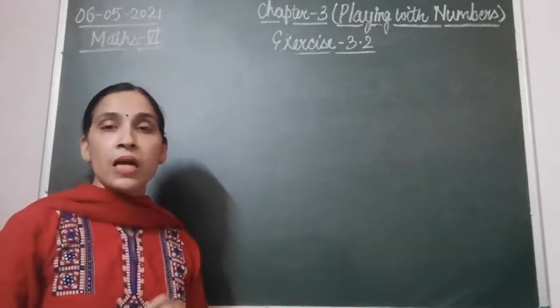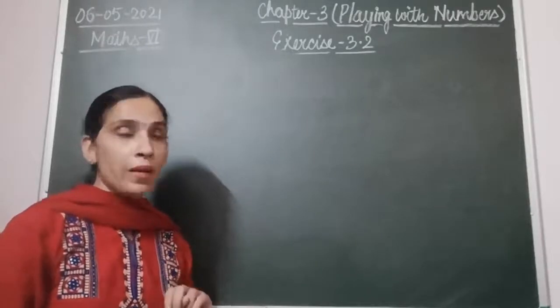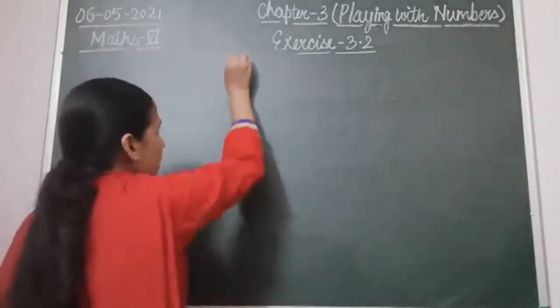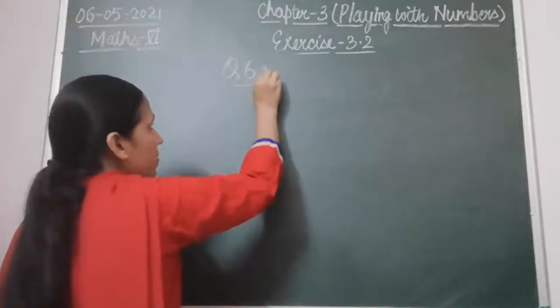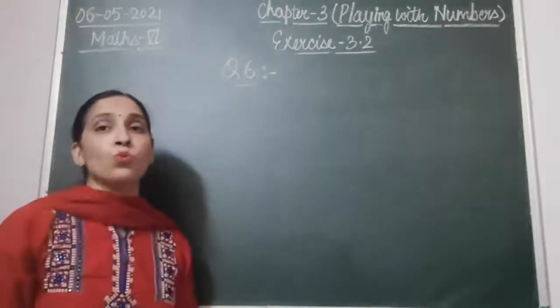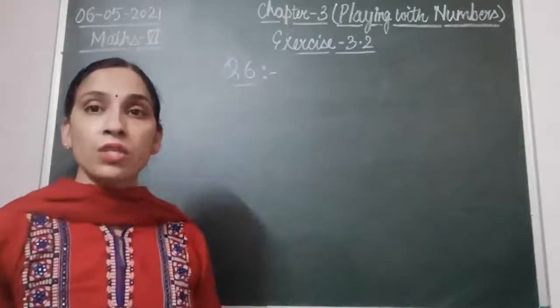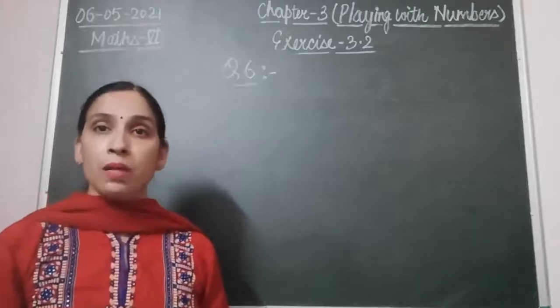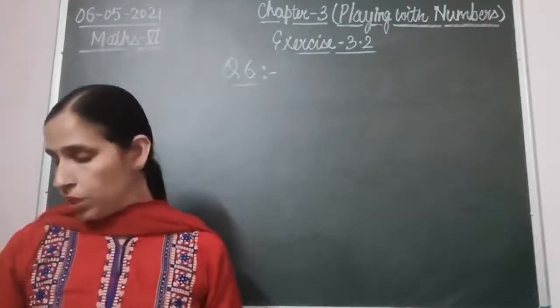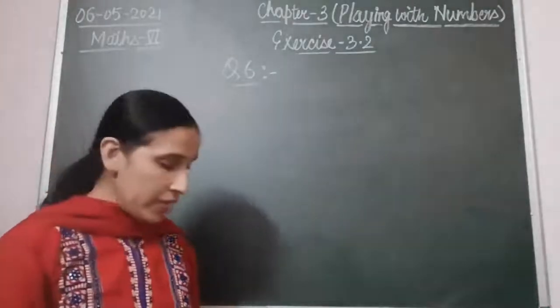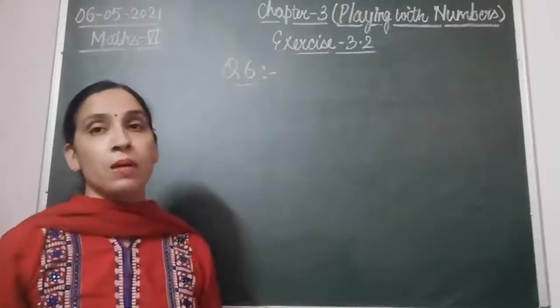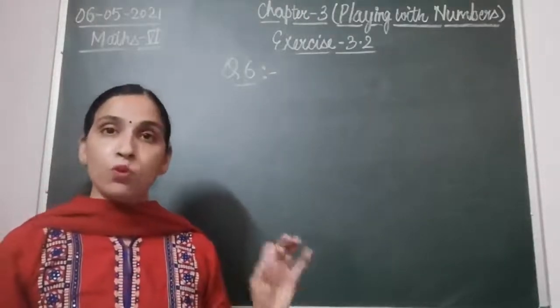Express the following as the sum of two odd primes. Now, as I told you yesterday, except 2, the rest of the prime numbers are odd primes. You will not find any even prime number except 2.